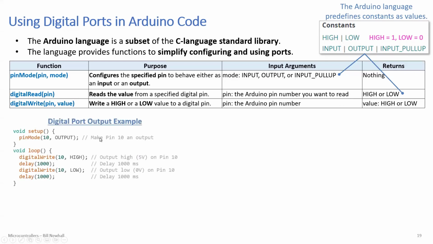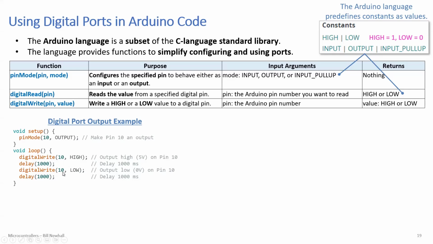All right, so here's a digital port output example in the Arduino language. You have setup and loop. What I usually do in setup is set the pin mode. I want pin 10 to be an output. And then in loop, if I want to make that pin alternately high and low, here's a digital write to pin 10, make it high, and delay 1,000 milliseconds, about 1 second. I say about 1 second because it takes some time to execute these statements.